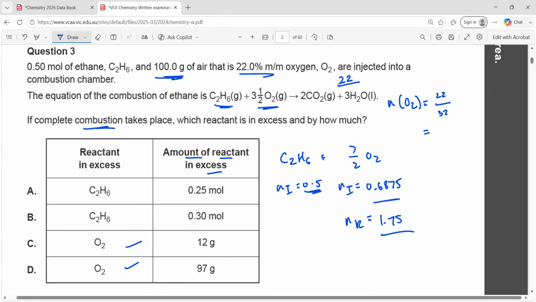So I've got 100 grams of air, then 22% of that. So that wouldn't be 22 grams.